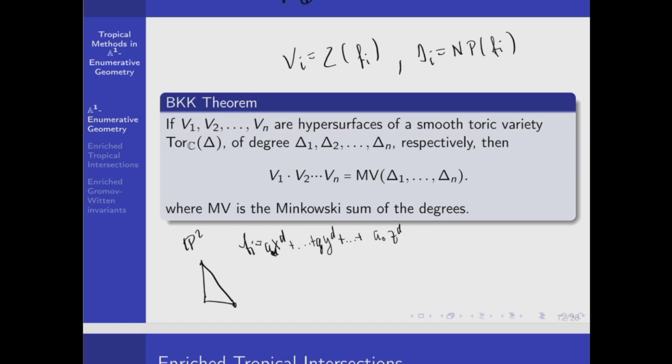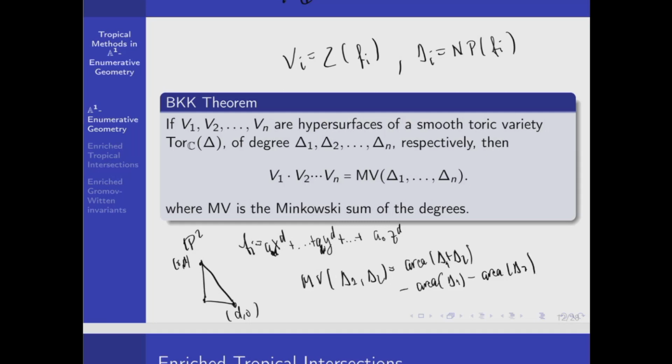So this will give us a triangle with vertices (0,0), (d,0), (0,d). And then the mixed volume of two, just to set an example for those unfamiliar with this, say Delta_1, Delta_2, is the area of the sum Delta_1 plus Delta_2, minus the area of Delta_1 minus the area of Delta_2.